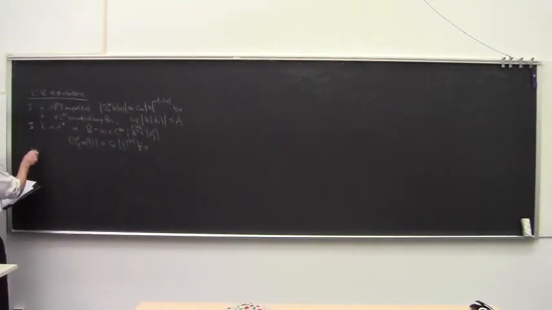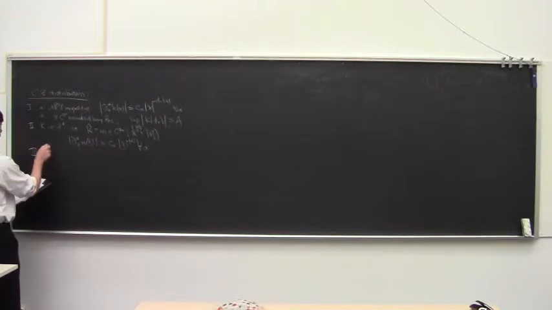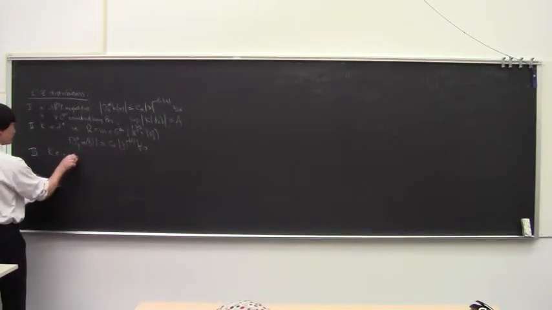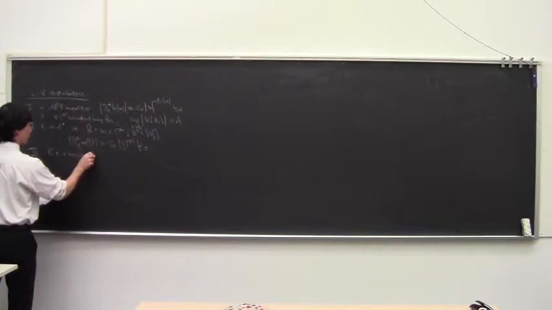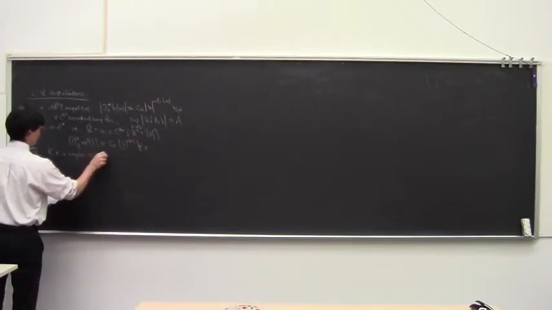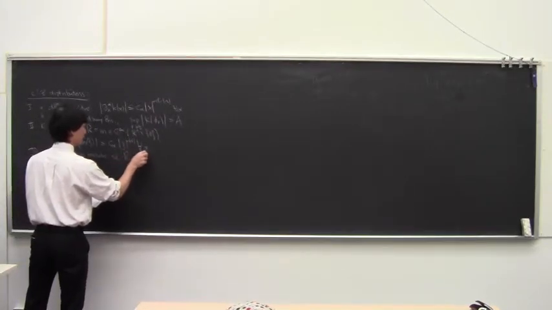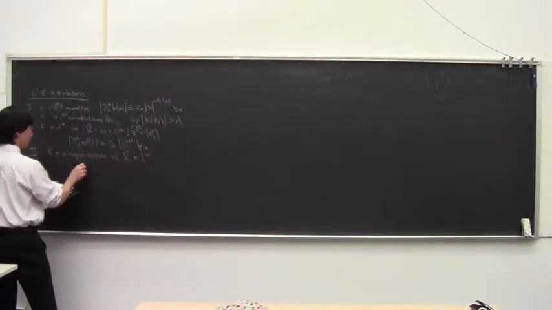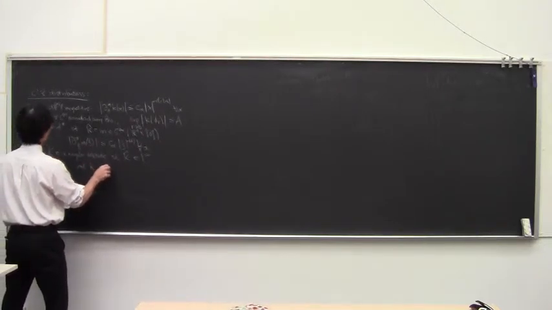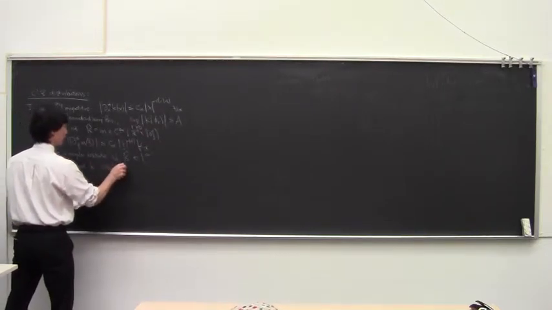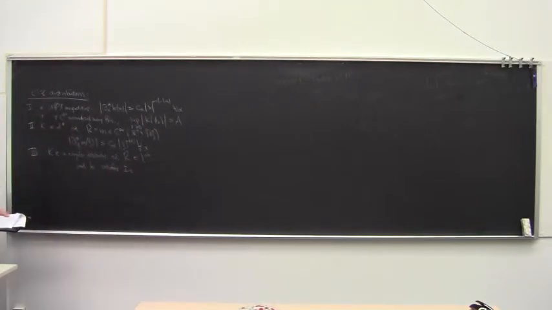And the third equivalent condition was that K is a regular distribution such that K hat is in L infinity, and little k satisfies 1a, the differential inequalities above. If you satisfy any one of these Roman numerals, then you satisfy all of them.